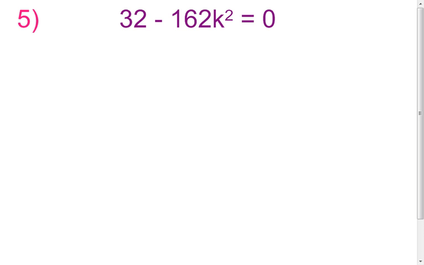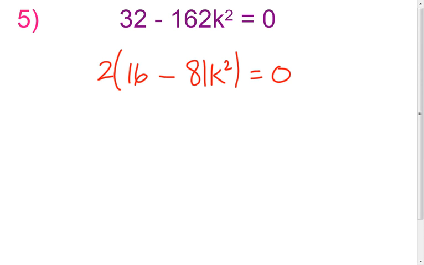When you factor that 2 out, 2 times 16 is 32, and 2 times 81 is 162. So 2 times 16 minus 81k squared gives me that. Again, don't forget to bring down your 2.